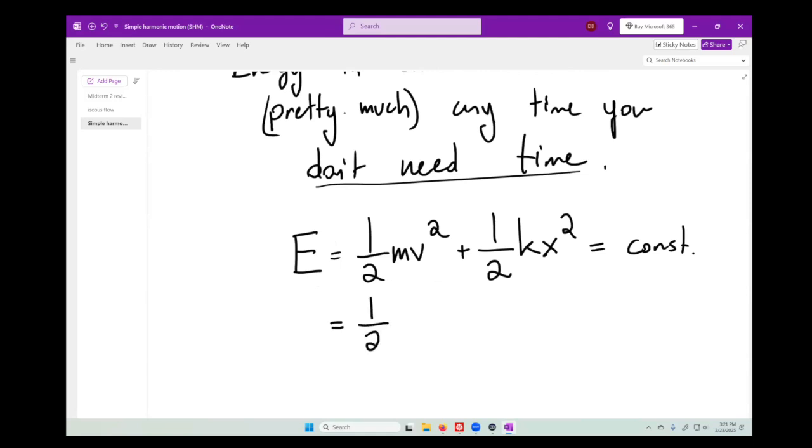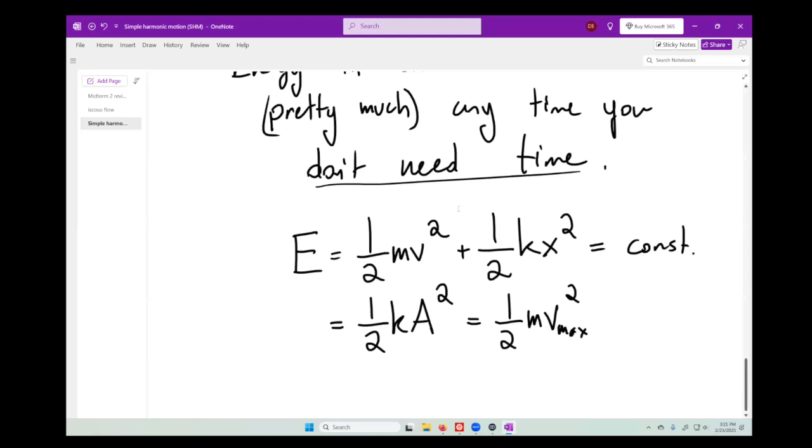We could evaluate it when the mass is at the maximum displacement, at the amplitude, and we'd get this expression. Or we could evaluate it when the mass is at equilibrium, moving with the maximum speed. And whatever we calculate for the total energy at any point in the motion, it has to be equal to that for every point in the motion because it's conserved.